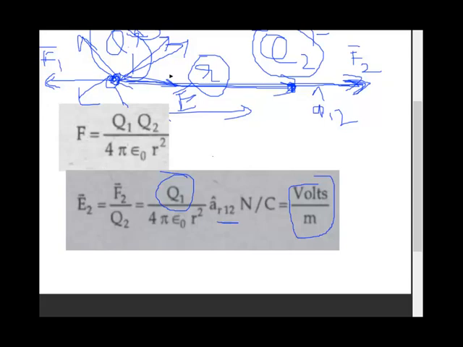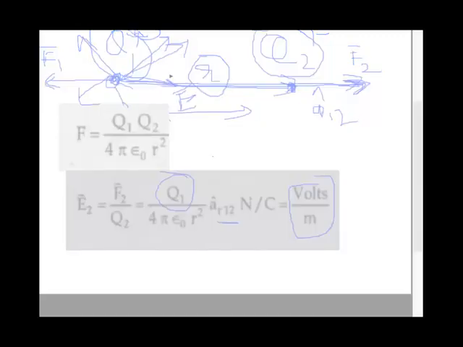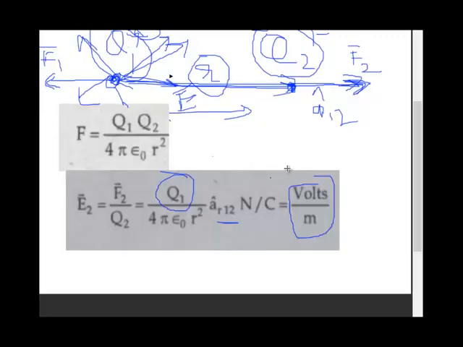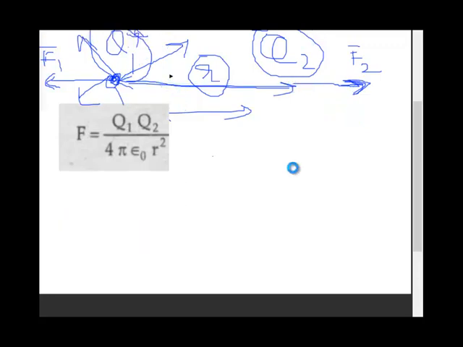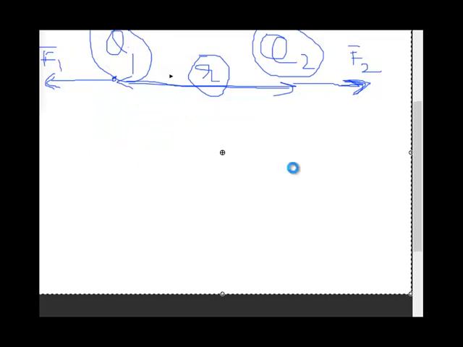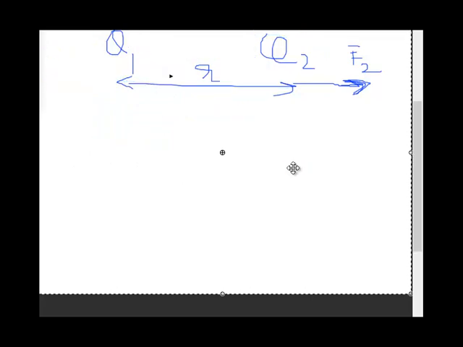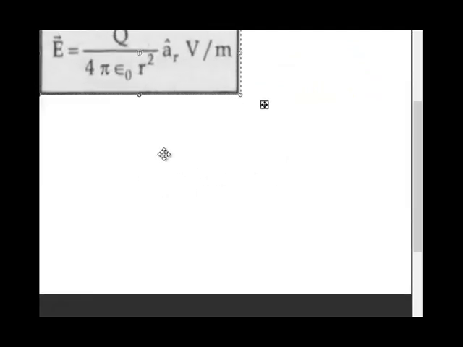The generalized formula for electromagnetic field can be written like this: E equals Q upon 4 pi epsilon naught R square A cap R. The unit is volt per meter. You just have to remember this formula.